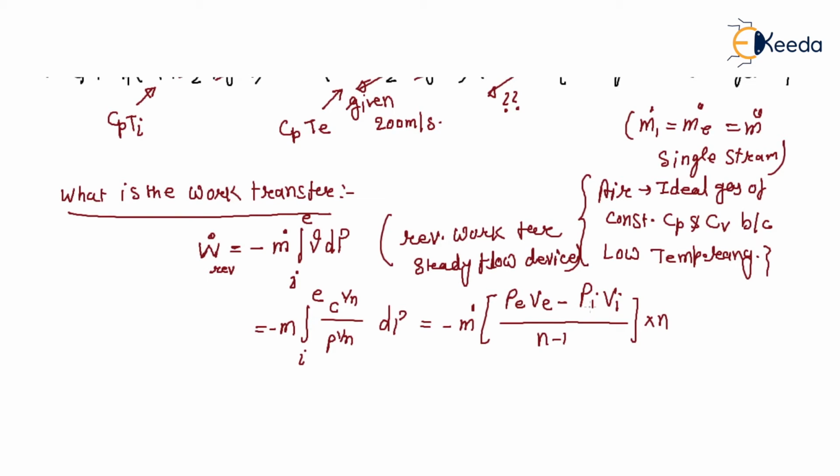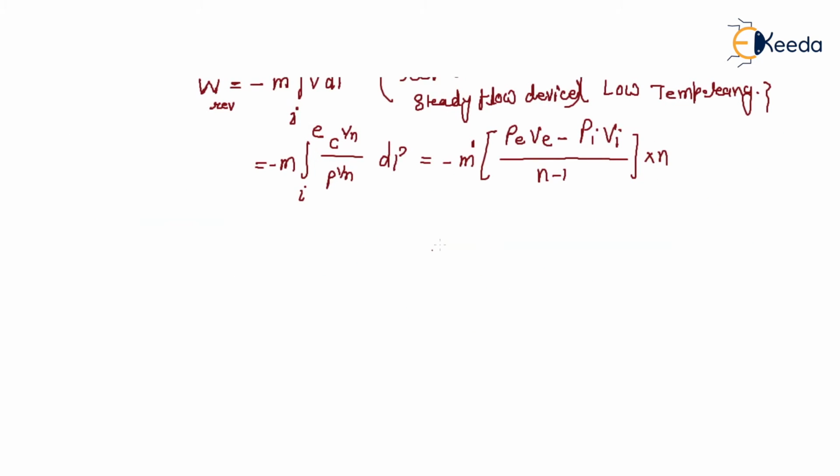How do you calculate the inlet and exit volume? m dot is given. To calculate the volumes, apply the ideal gas equation: Pe Ve is equal to R Te, so from here you can find Ve. Again Pi Vi is equal to R Ti, so from here we find Vi.